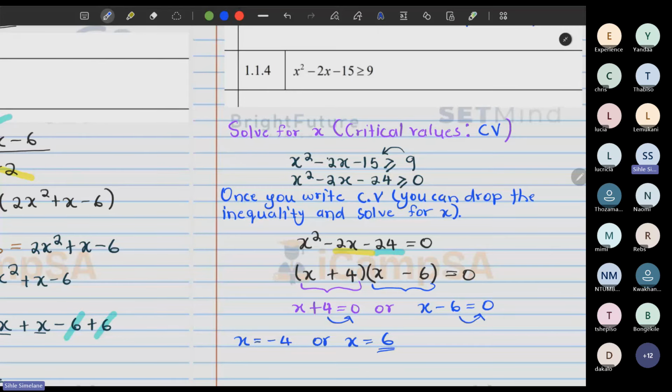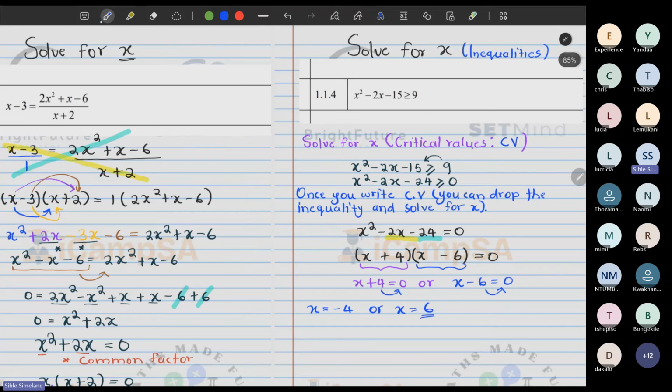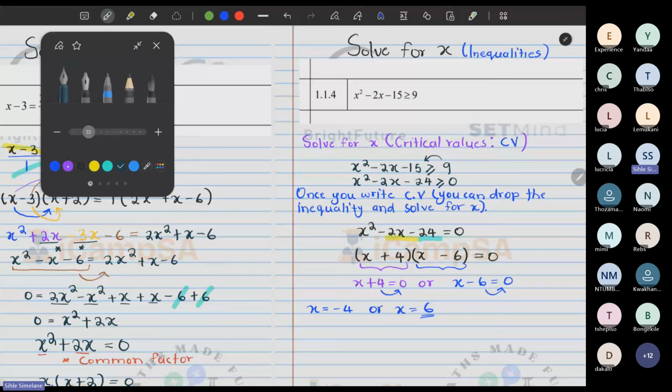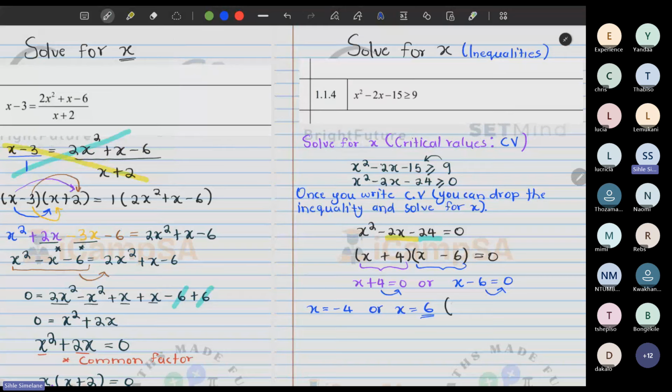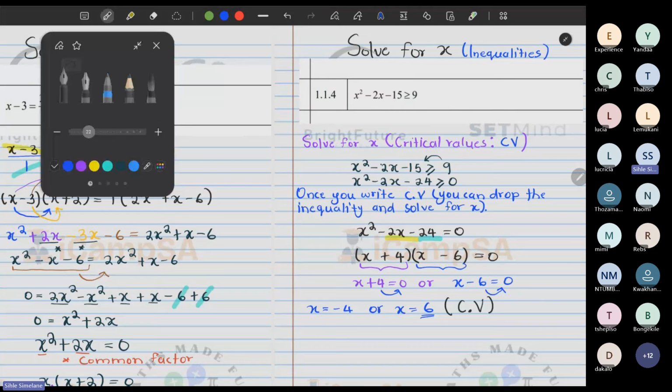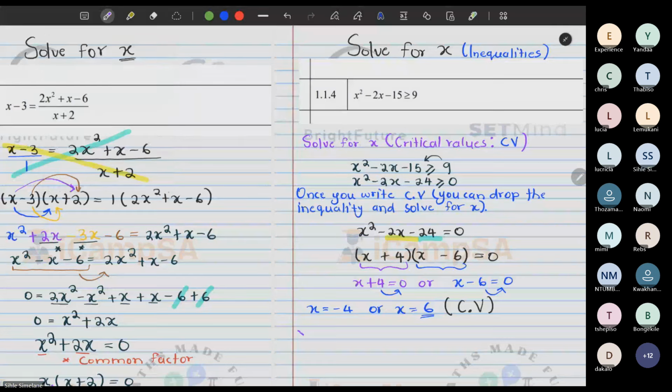Now, after getting these values, guys, remember, these values are called critical values, what we found here. So we call them CV. CV is for critical values. After finding the critical values, what you need to do next is to draw your number line.